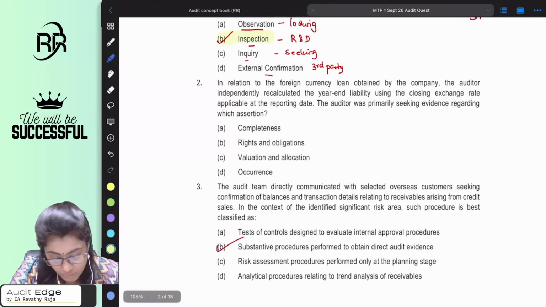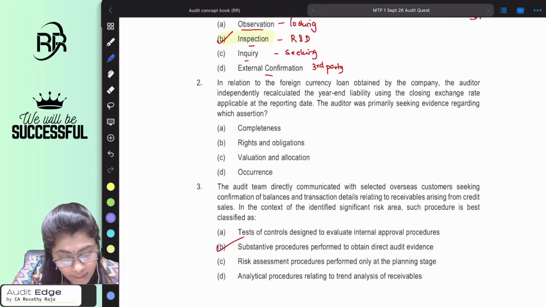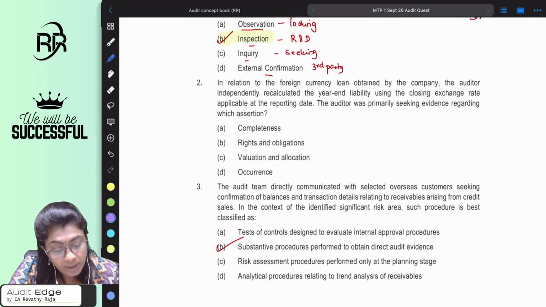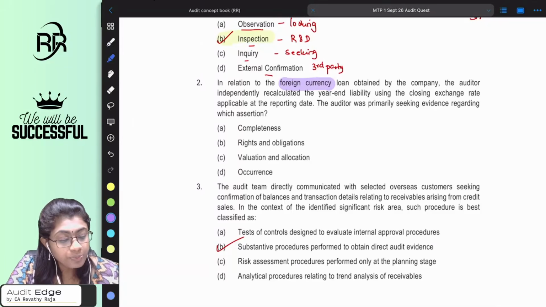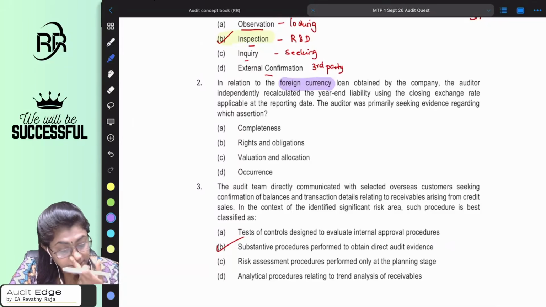Okay, next question. In relation to the foreign currency loan obtained by the company, auditors independently recalculated the year-end liability using the closing exchange rate applicable for the reporting date.